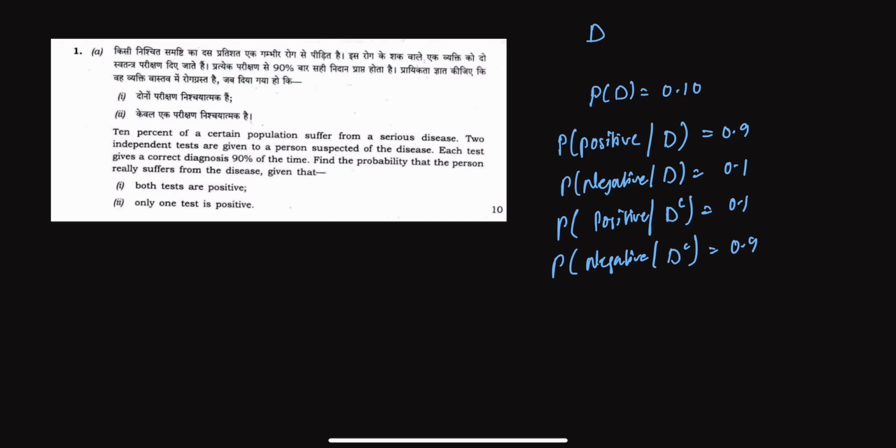So first we are asked to find the probability that the person really suffers from the disease given that both tests are positive. That means we need to find the probability of disease given both tests are positive.